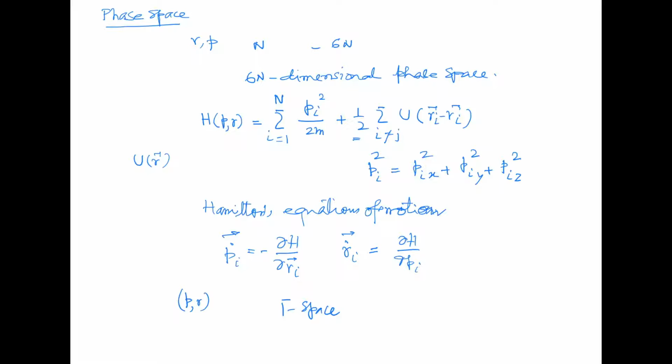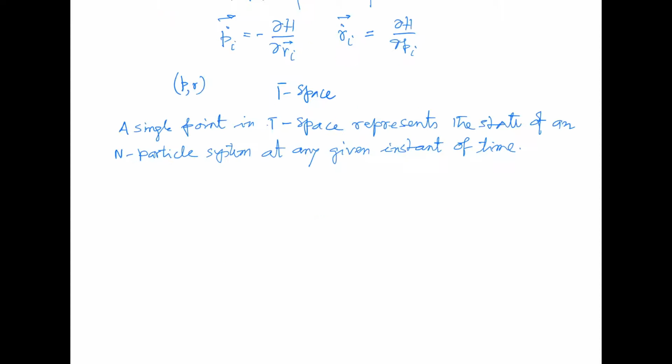A single point in gamma space represents the state of an N-particle system at any given instant of time.